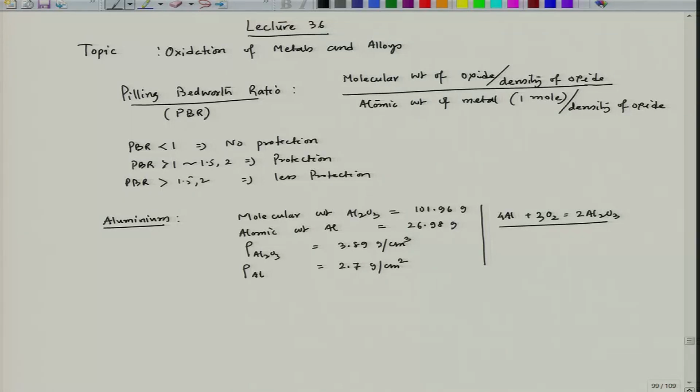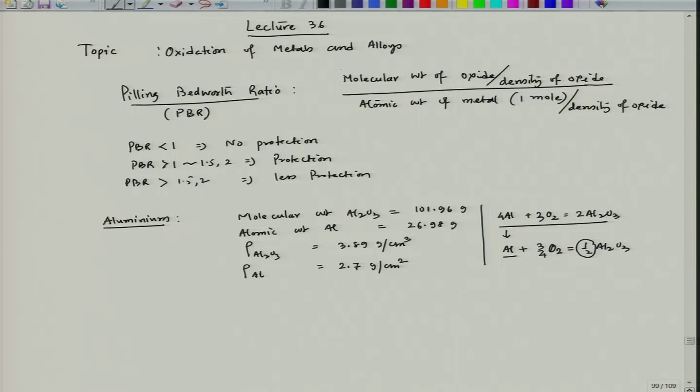We have to consider 1 mole of metal which is getting oxidized, so we must consider the molecular weight and density of the oxide for half a mole of Al2O3, since 1 mole of metal aluminium gives rise to half a mole of Al2O3.